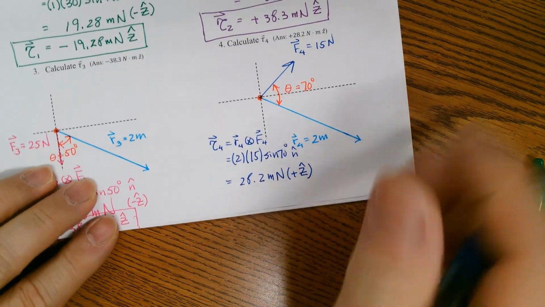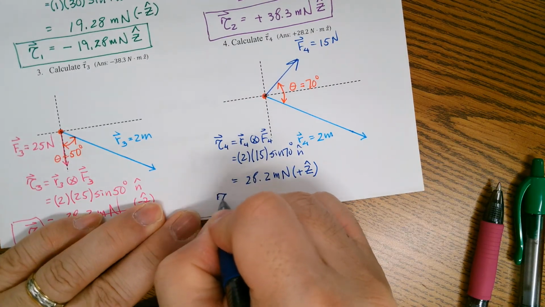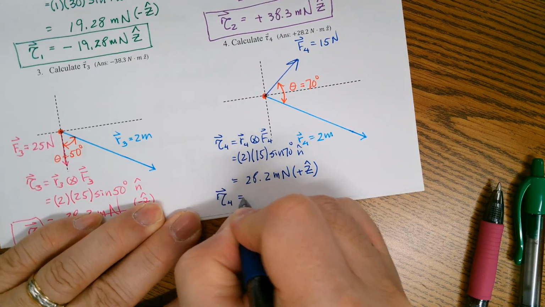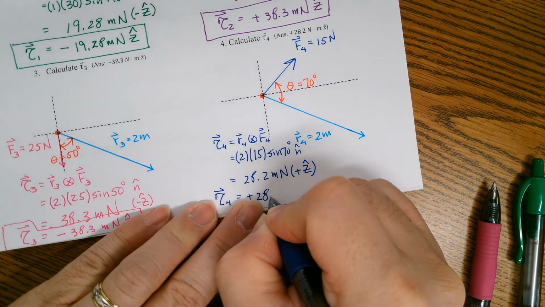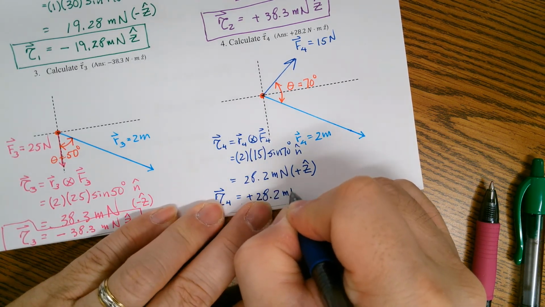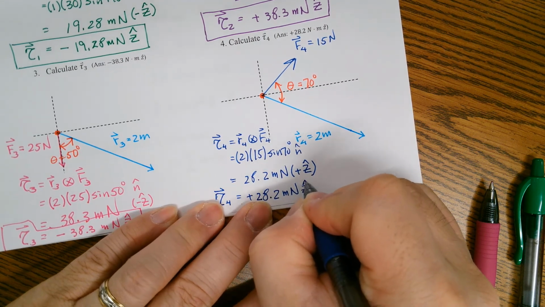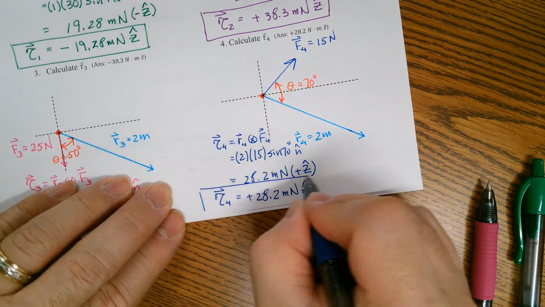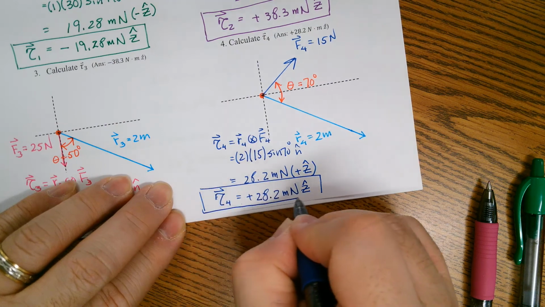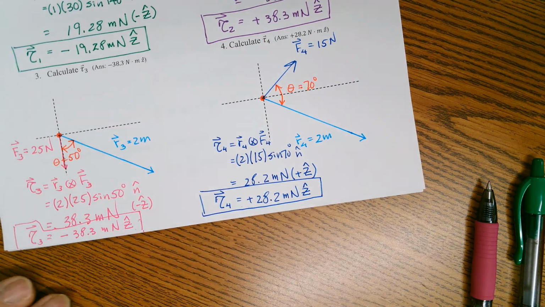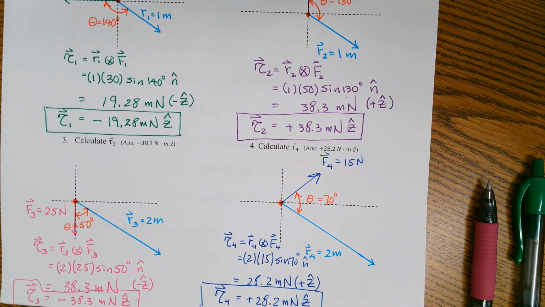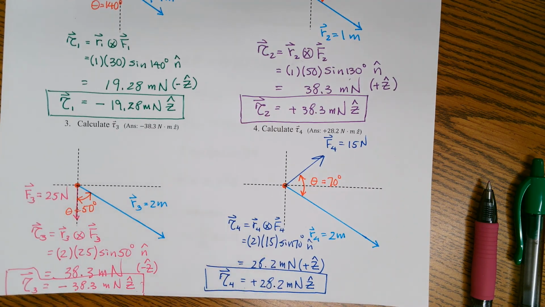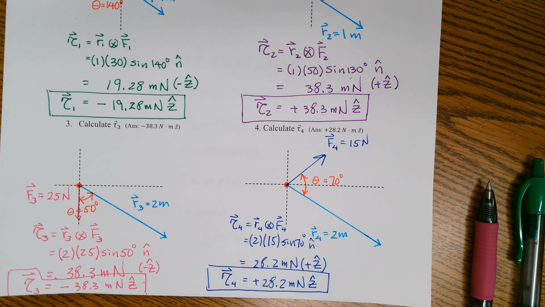So you can say torque 4 is equal to positive 28.2 meter newtons z hat. There you go. So these are all these 4 different torques, and that's how you calculate them.